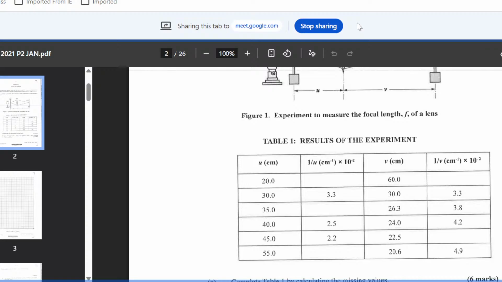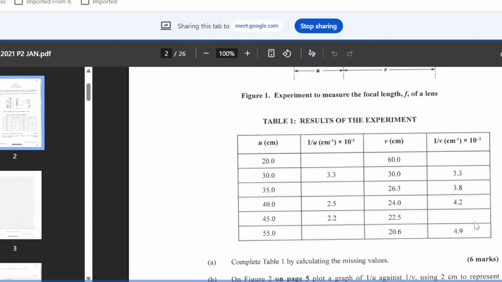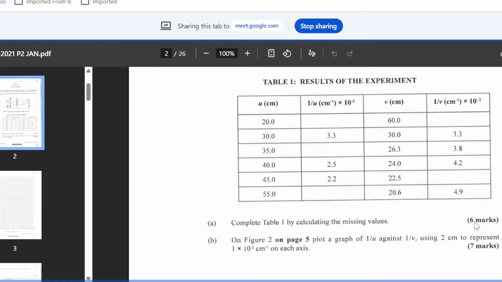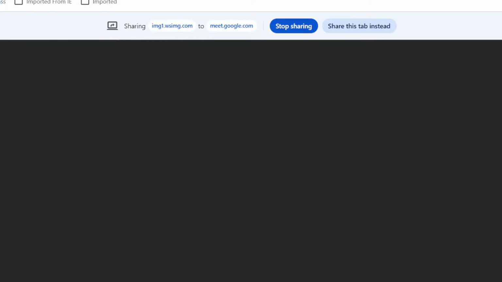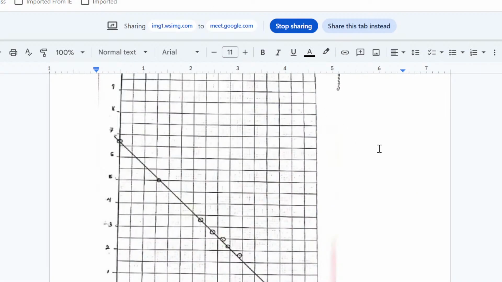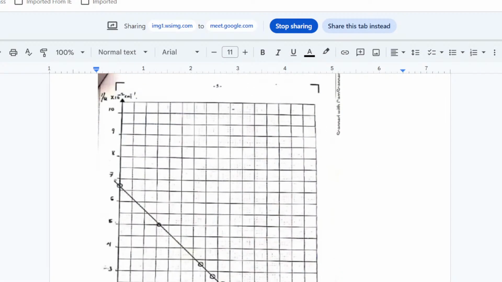So 1.7, stick to the decimal place. In terms of the graph, you should have a graph somewhere. Somewhere here.